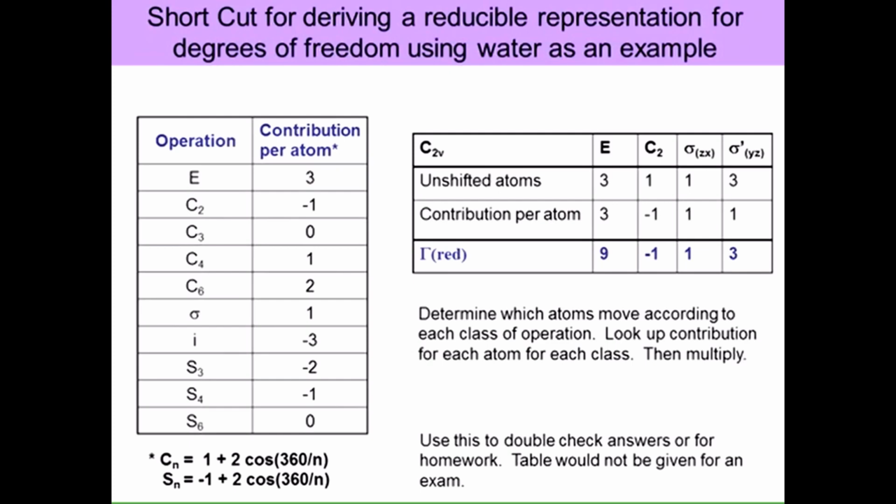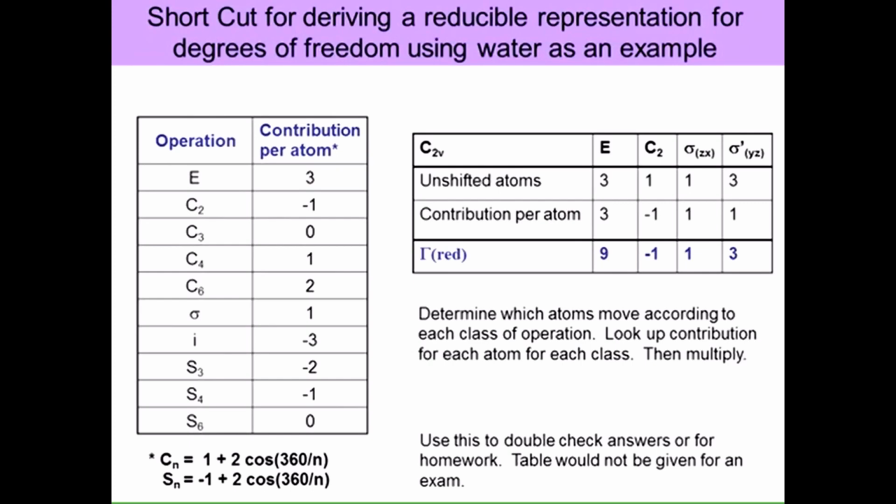So rather than distinguishing with respect to the axis, we will classify it with respect to the atom. In that case, the additional factor is the contribution per atom, for which there is a formula I have already given you. For E you will always write 3. For Cn, I have already solved it for C2, C3, C4, C6.